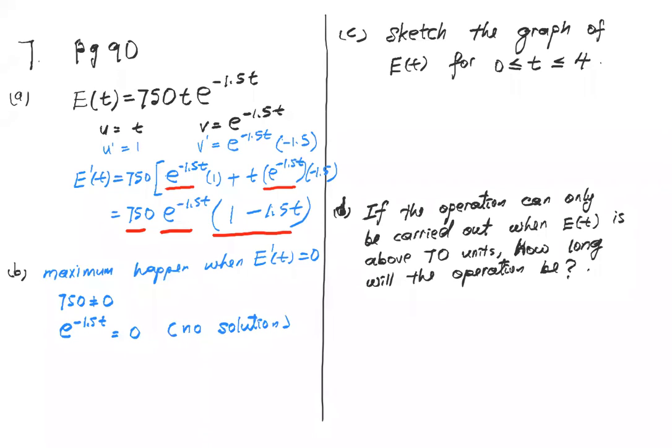So in order for it to be 0, one of them must be 0. So the last one will be 1 minus 1.5t equal to 0. So t equal to 1 divided by 1.5, that is 2/3 hours.